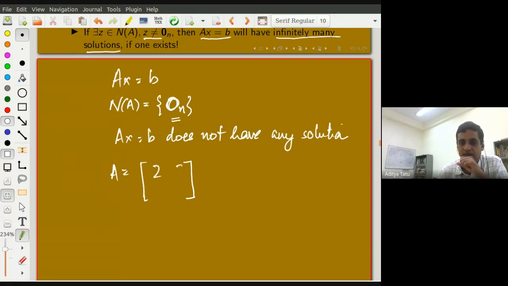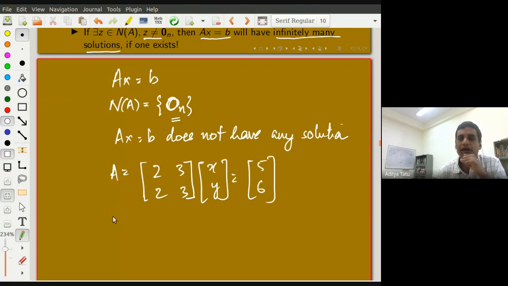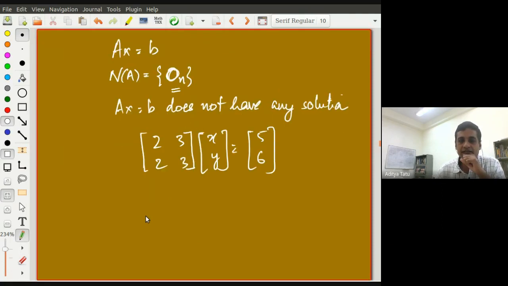See, for example, the matrix [2, 3; 2, 3] and [x, y] equals [5, 6]. This is parallel lines, right? Does everybody see that these are parallel lines?